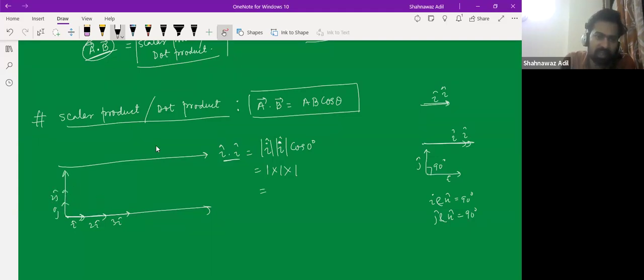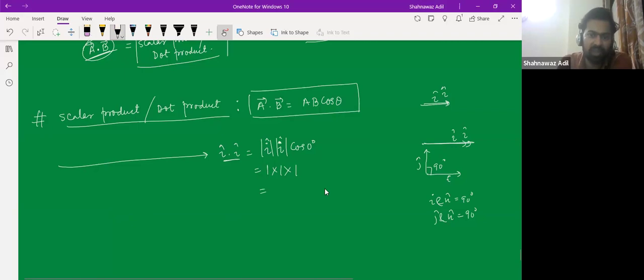They are unit vectors in different directions. So we got that I dot I would be 1. Is it clear?